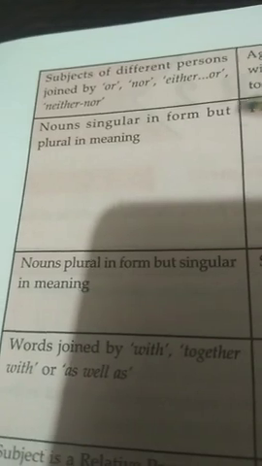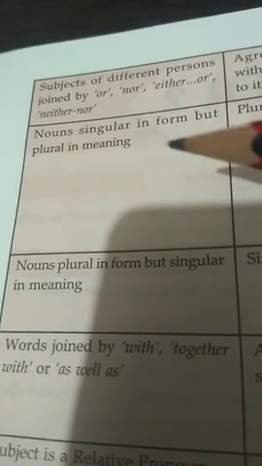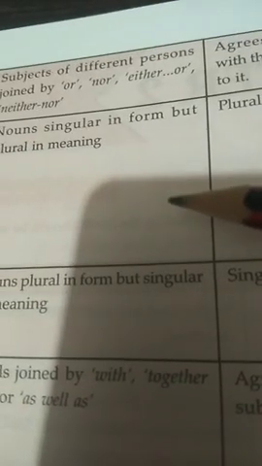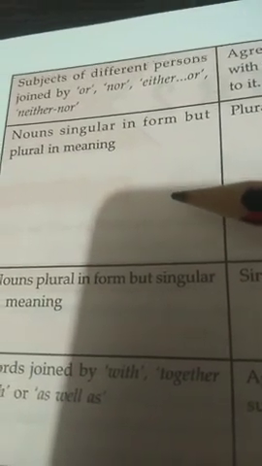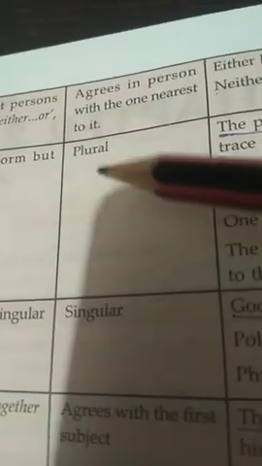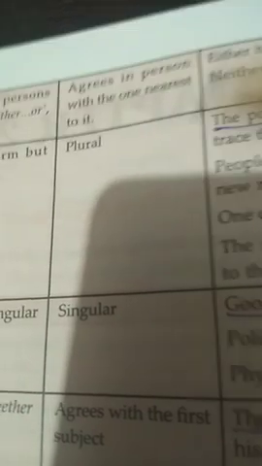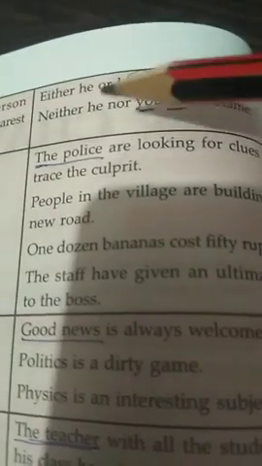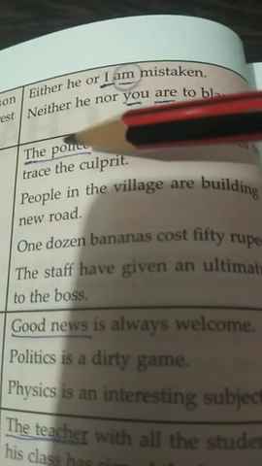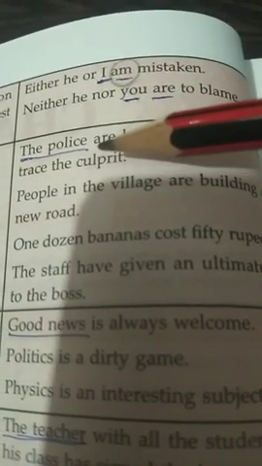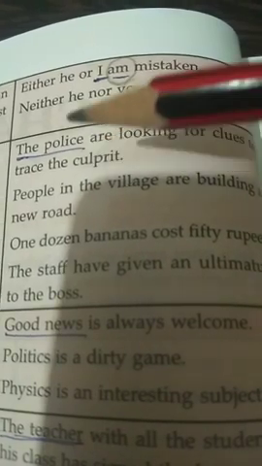Now next number. Nouns singular in form but plural in meaning. There are certain nouns which are singular in form, but they are plural in meaning. It takes which verb? The verb in plural form. See, example, the police. Here you can see the noun is singular in form, but the meaning is plural.